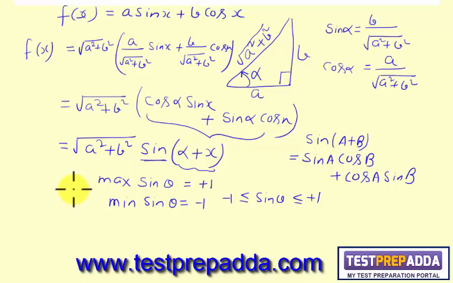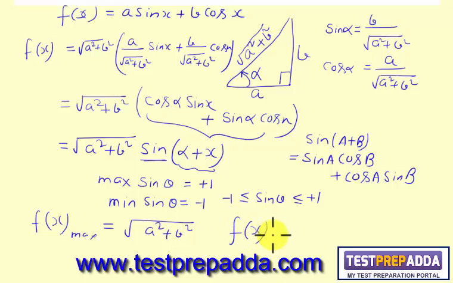So if I find the maximum value here for function f(x), then it will be plus root a square plus b square. And what will be the minimum value of f(x)?